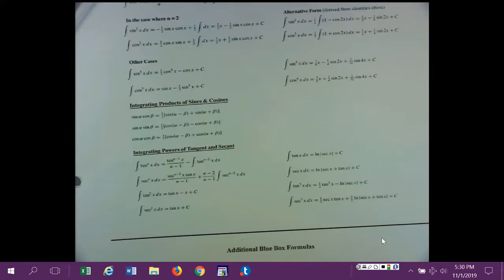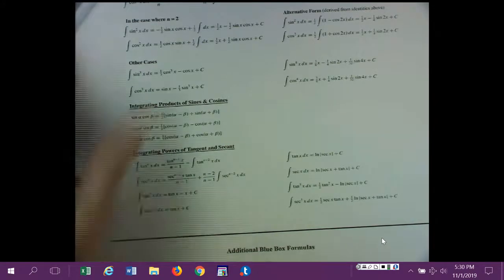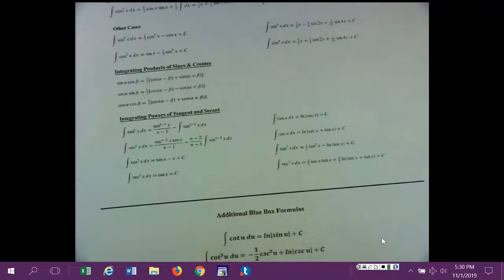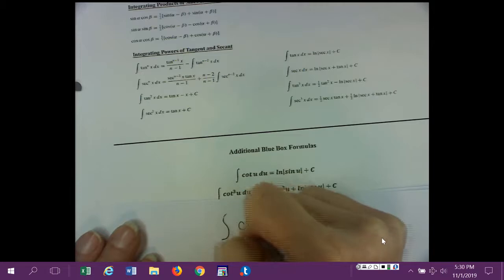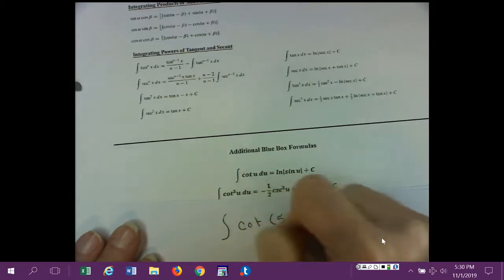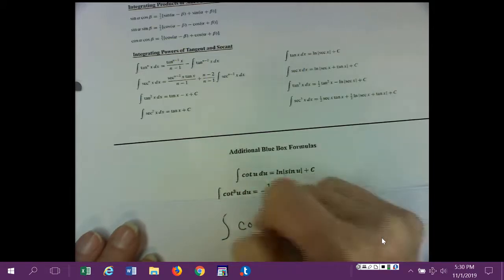You will never have to derive those for me, but I will ask you to, on a test or a quiz. For example, I think we discussed this in the last video. I could ask you to integrate the cotangent of 5x plus 7 quantity cubed.